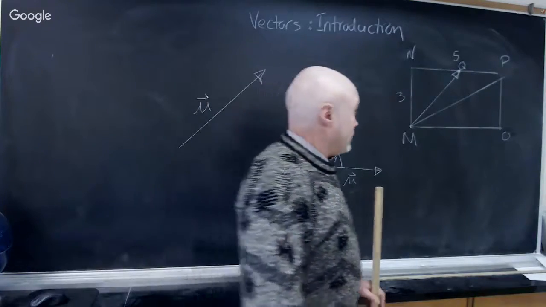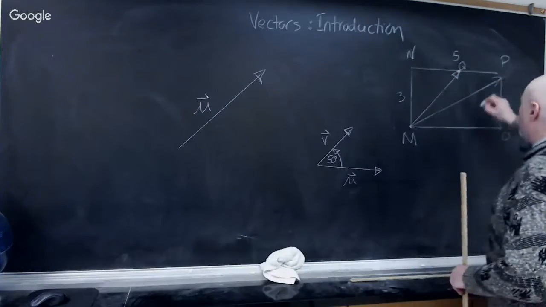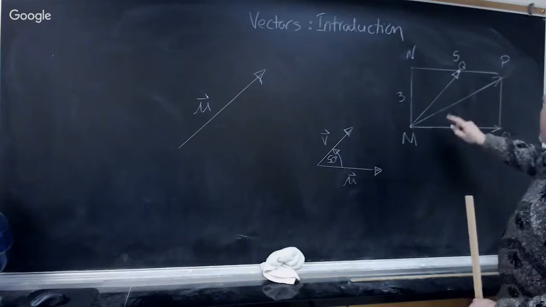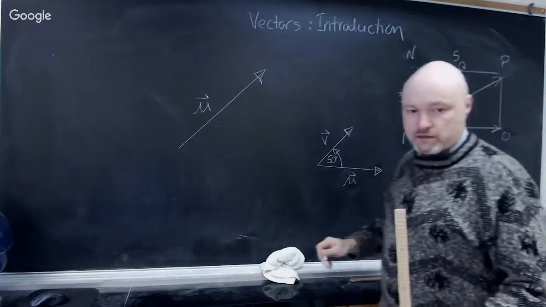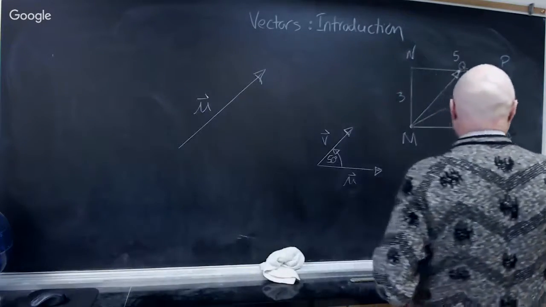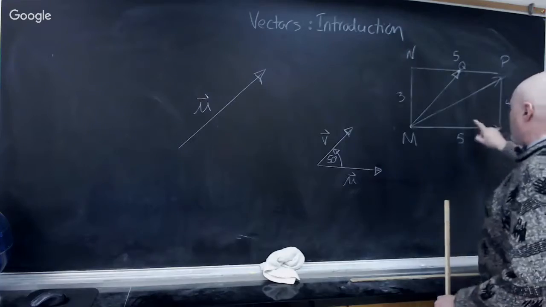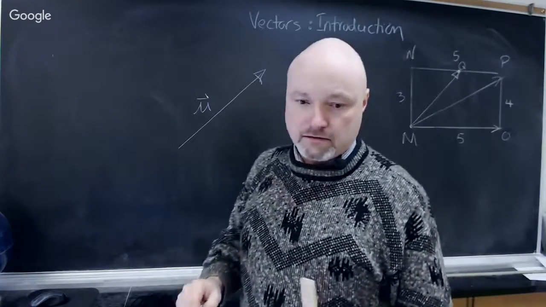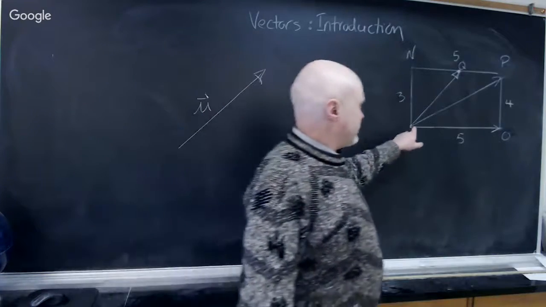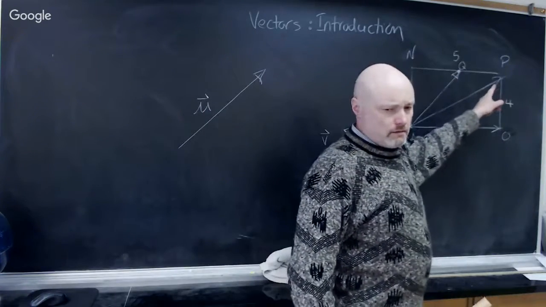Now that you mention it, I can't remember. I think the angle between MP and MO is one of the ones that we do, and you're just using arctan to find that angle. And then I think it might be either MQ and QP.